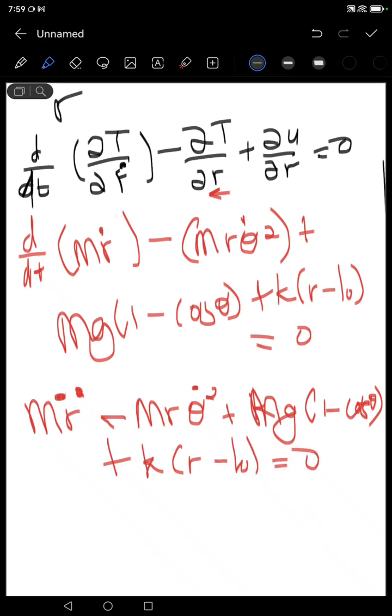So this is our second equation. When we have two generalized coordinates, we're going to have two equations. And if we have three generalized coordinates, we're going to have three equations. Okay?